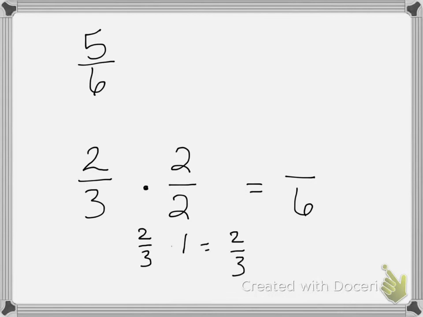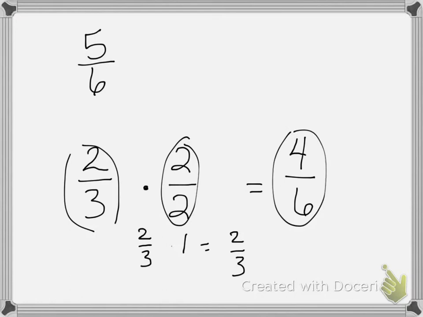Well, doing 2/3 times 2/2, it's still multiplying it by 1, but it's just changing it. Well, we know that 4/6 is the same as 2/3, so that's why when I multiplied it by this form of 1, I still have the same thing as 2/3. 2/3 and 4/6 are equivalent. They're equal. They're the same. This one's just reduced, and this one is not yet reduced.